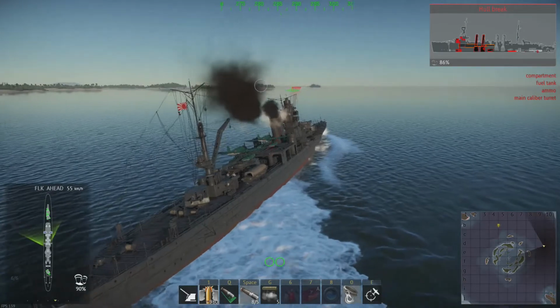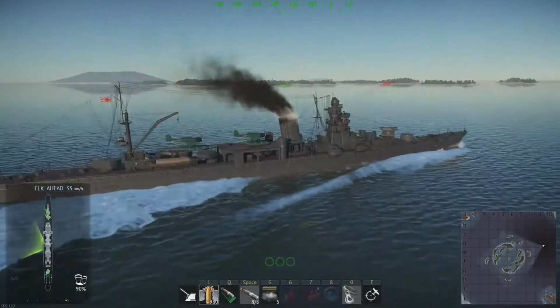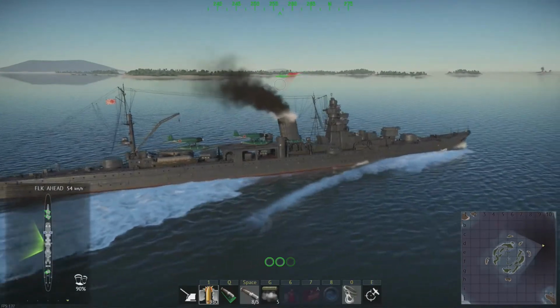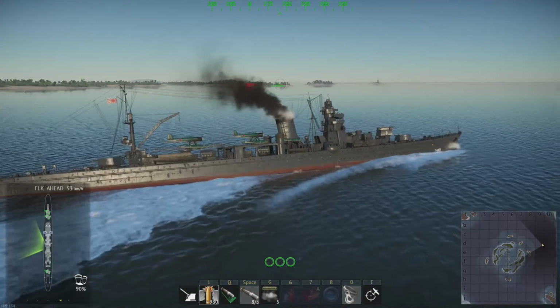See? Second one got hit. I didn't have to compensate at all because it's stationary. Let's see where the third ship is.